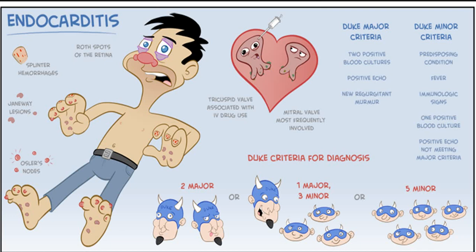In case of possible, it is one major with one minor, or three minor criteria. In the rejected variety, none of these major or minor criteria is present and it is bacteriologically culture negative, and on treatment with antibiotics all symptoms and signs disappear. So that will be typical.